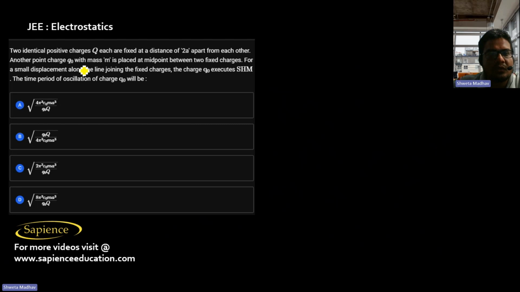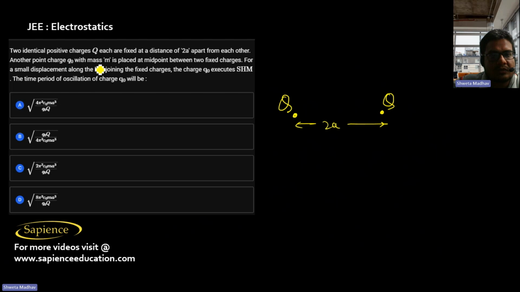Here it is told: two identical positive charges Q each are fixed at a distance of 2a apart from each other.